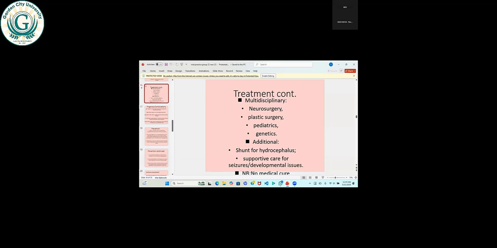The treatment requires a multidisciplinary approach. So it should involve a neurosurgeon for the brain or the nerves side, then plastic surgery for the cosmetics. You should have a pediatrician. Genetics are also involved.